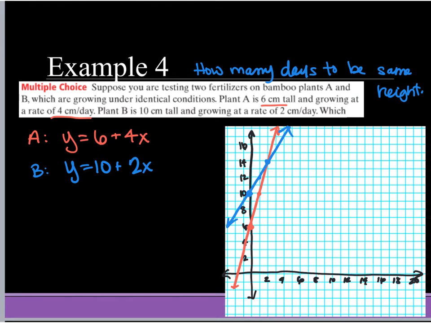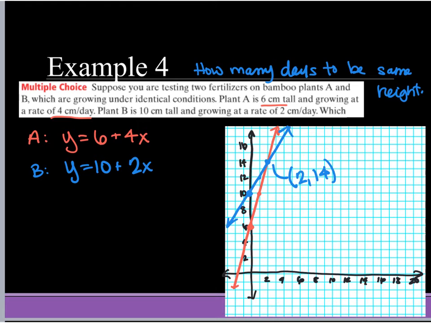So in order to find out when the 2 bamboo plants are going to be the same height, I have to find that point of intersection. This point of intersection is going to be the coordinate point 2, 14.